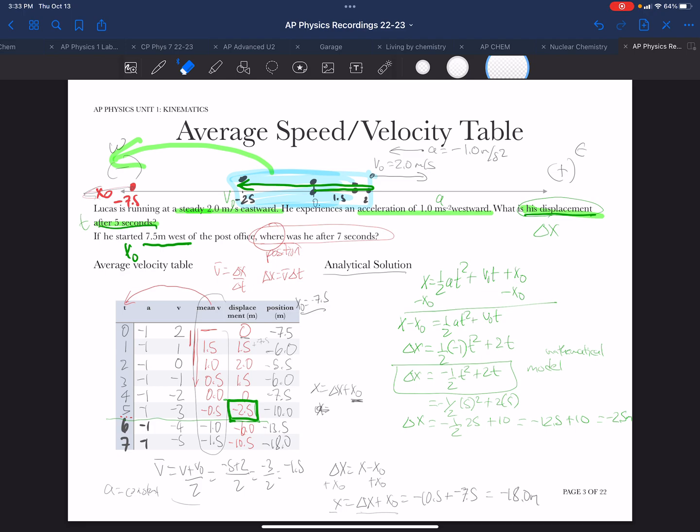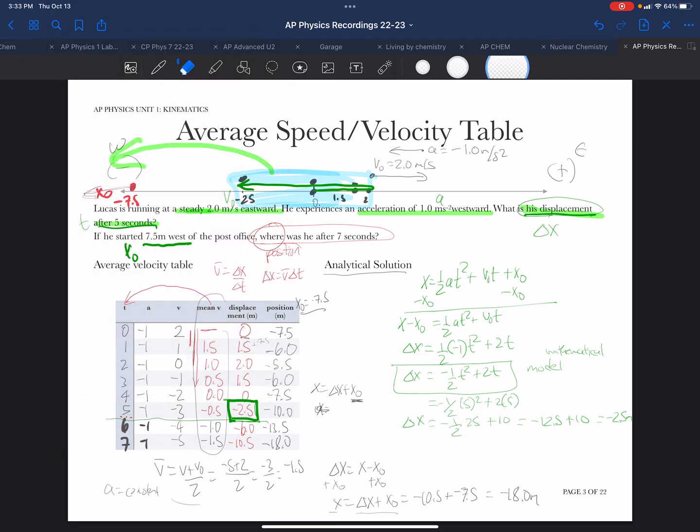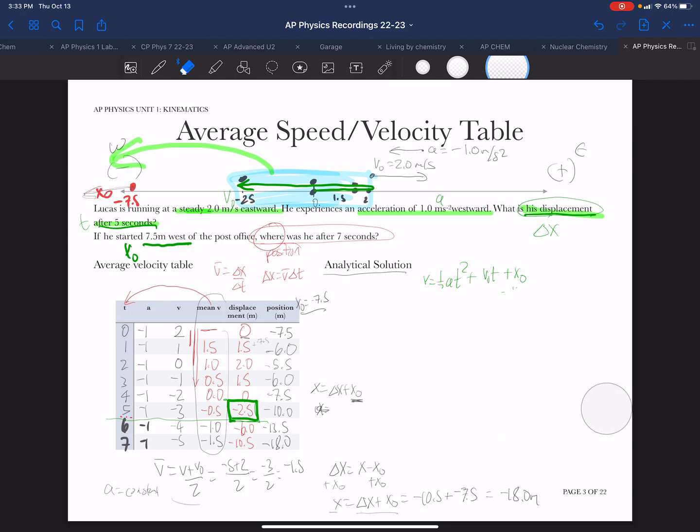Now, if we go to the second question, we want to know where he is, and I will just clear off the work we just did. We now want to know his position when the acceleration is -1, the initial velocity is 2, and the initial position is -7.5.